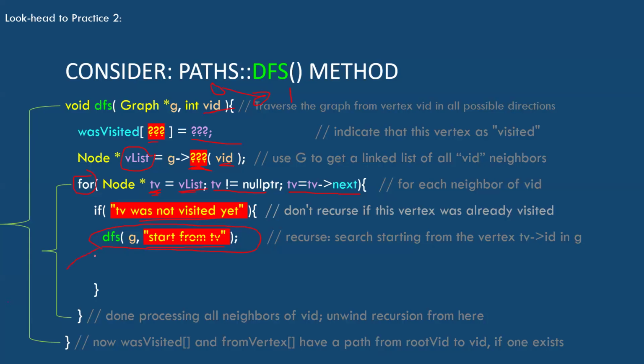So when we finally hit the bottom of that search, we go around the loop and get the next adjacency in 0's adjacency list, okay? So we come back, but before we do that, we're going to record that we got to this vertex TV from VID, 0 to 1, right? So that's going to be our second little update.